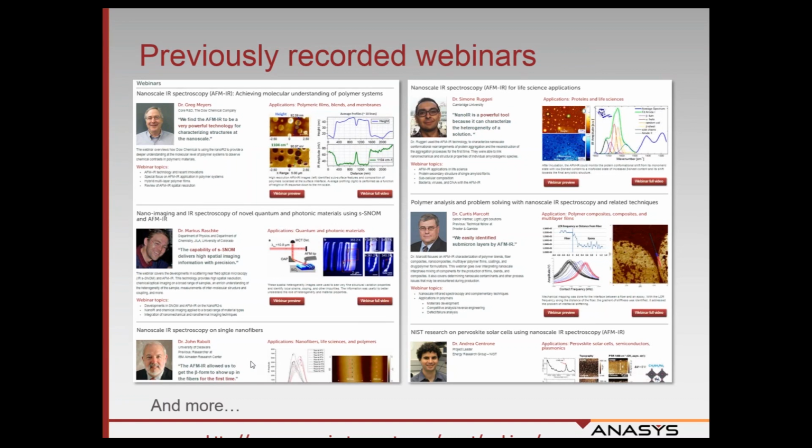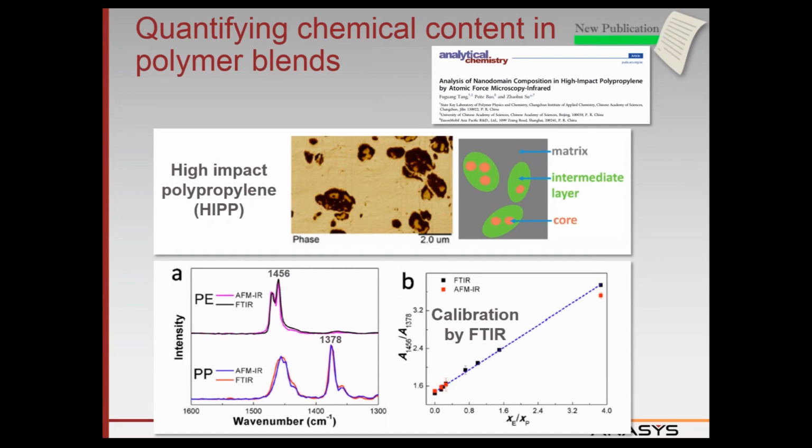An excellent presentation by Simone Ruggieri on protein misfolding and using AFM-IR to characterize early stages of neurodegenerative diseases, and a variety of other webinars, including one by Kurt Marcotte on polymer problem solving, Andrea Centroni on applications to perovskite solar cells. And I'll touch on some of these, but if you're interested, I encourage you to go and listen to these webinars for more details.